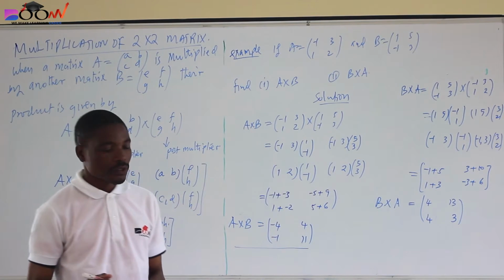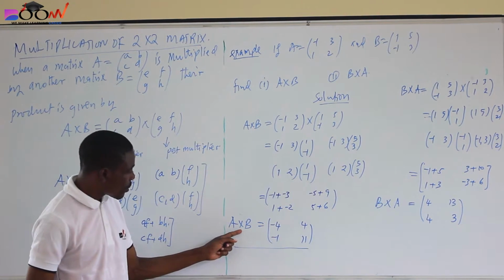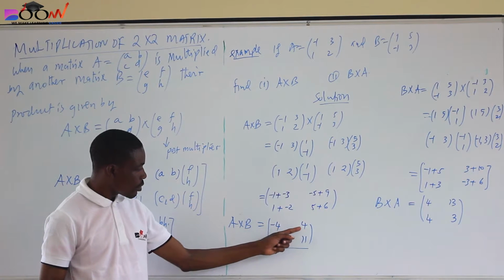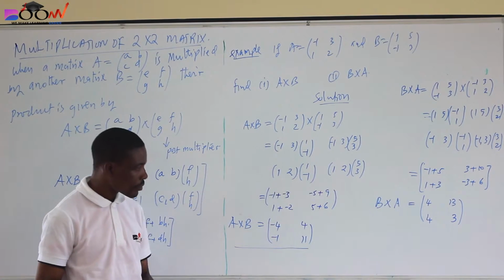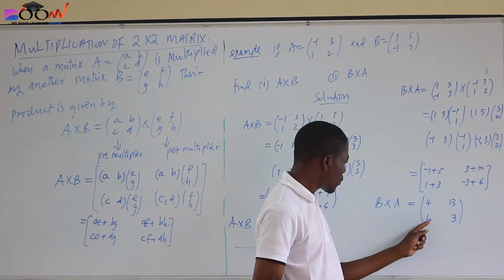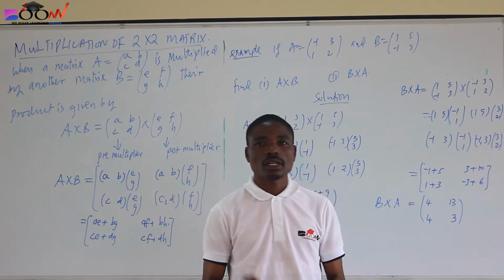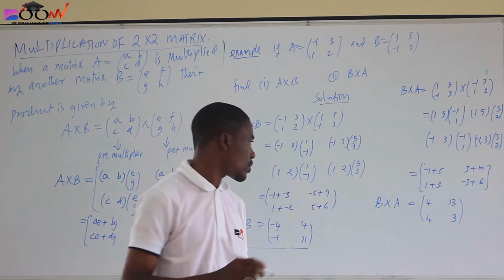Now, we have seen that A times B is negative 4, 4, negative 1, 11. B times A is 4, 13, 4, 3. How can you make these conclusions?